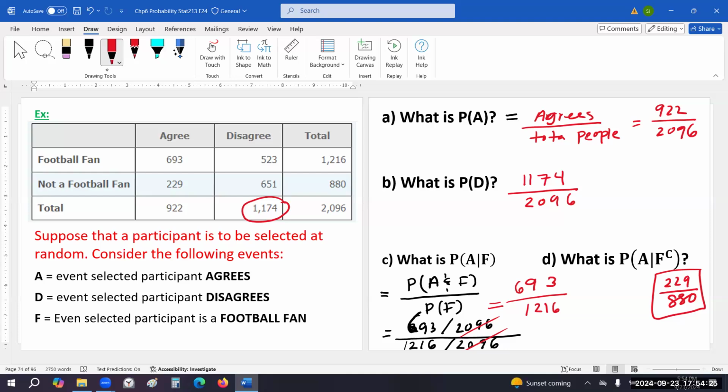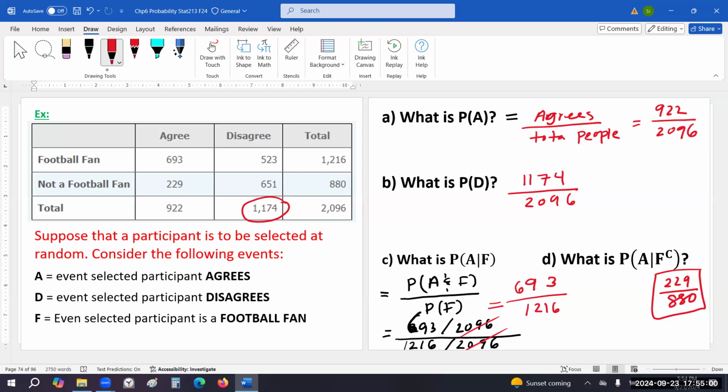So probability of agree but not football fan is 229. And then from this experience, we can already see all you have to do is divide by probability of football fan. So in this case, we have probability of not football fan, which is 880. So agree but not football fan 229 divided by not football fan.